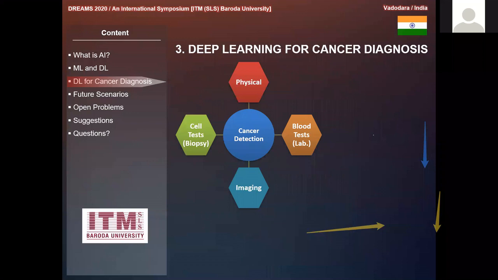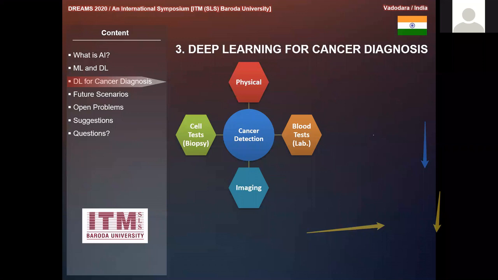And when we talk about cancer detection, we can say that it has different tests in order to see if the target patient is positive or negative for cancer. You can run blood tests in the laboratories, or you can run some biopsies for cell tests.